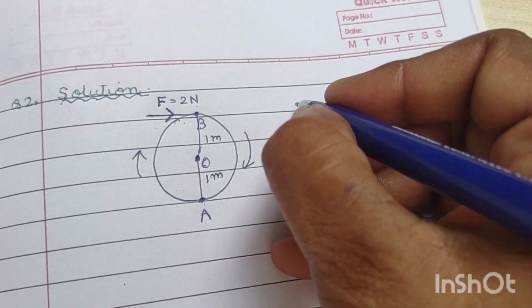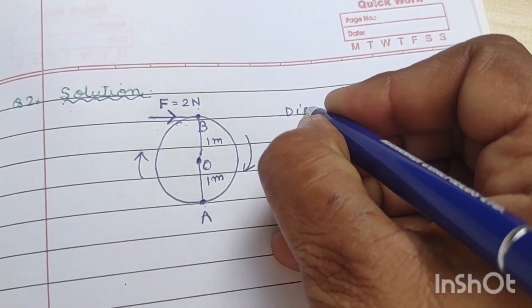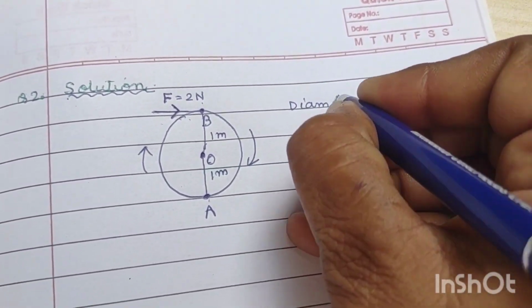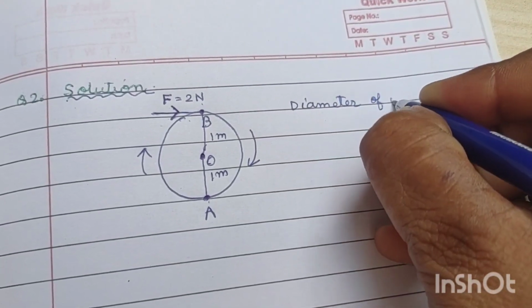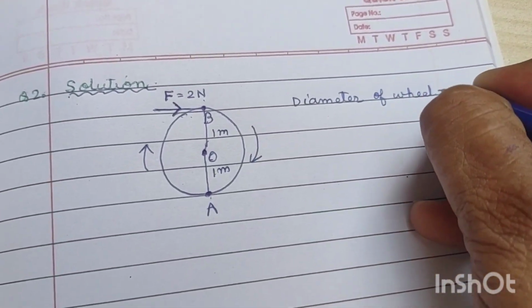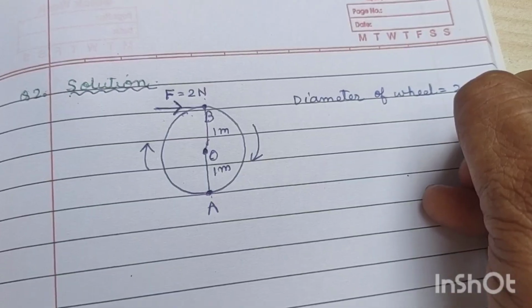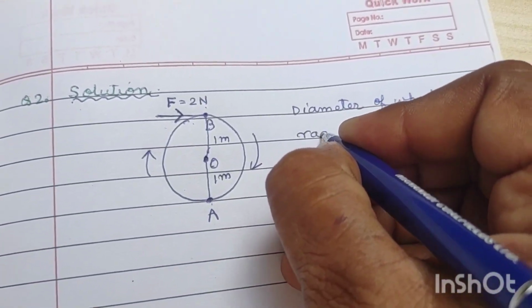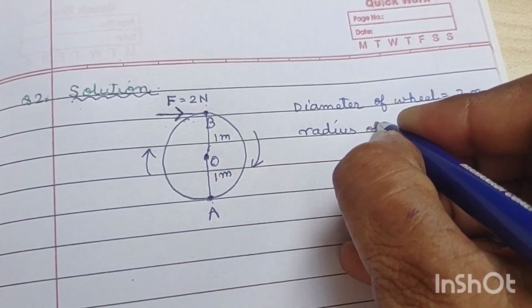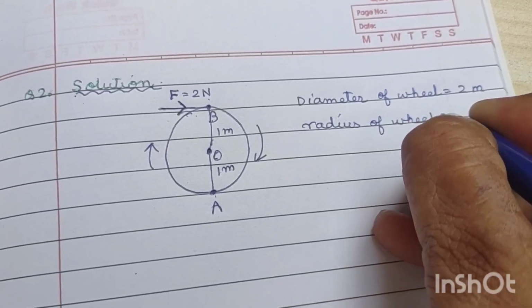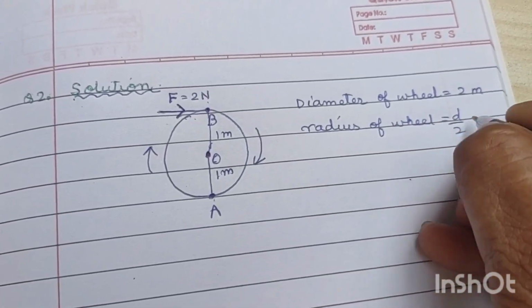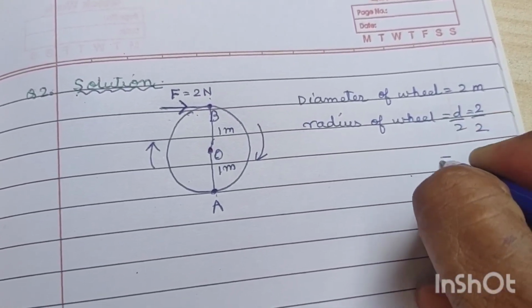So the information given in this question is the diameter of wheel, that is 2 meter. So the radius of wheel will be diameter by 2, that is 1 meter.